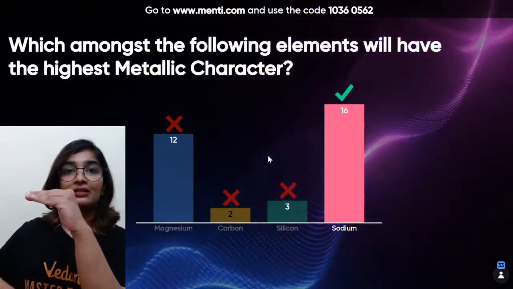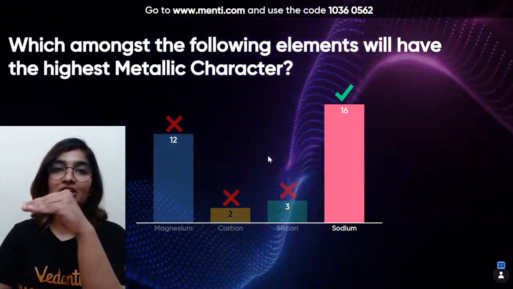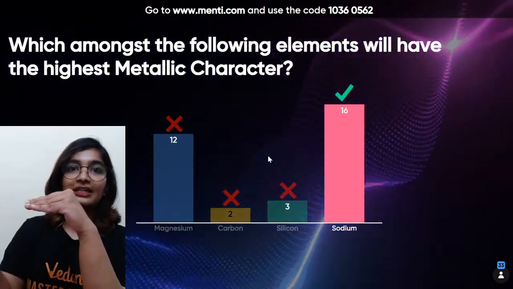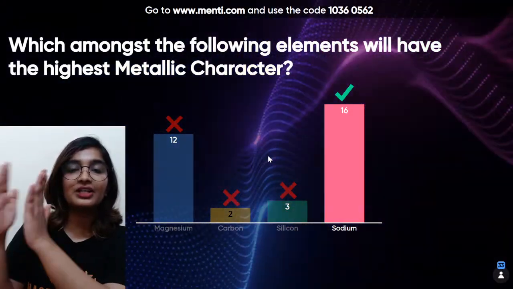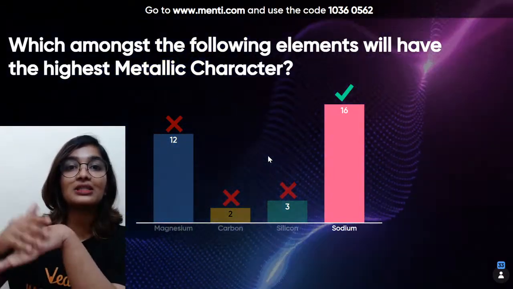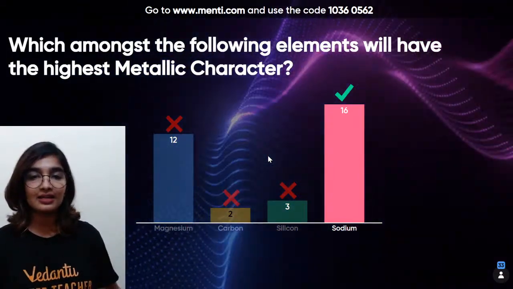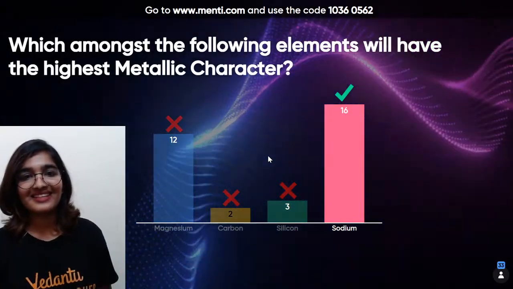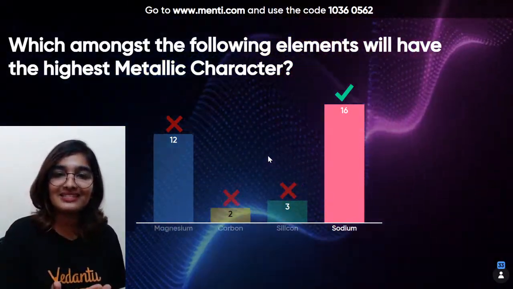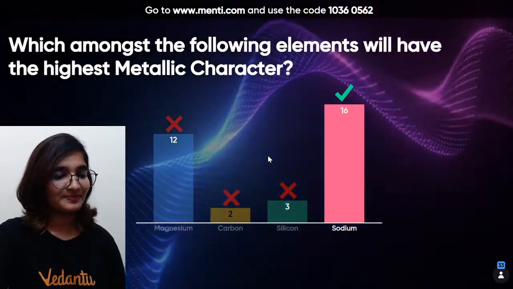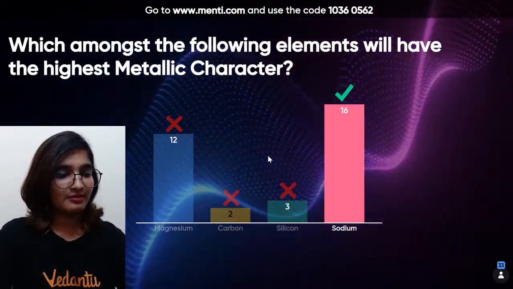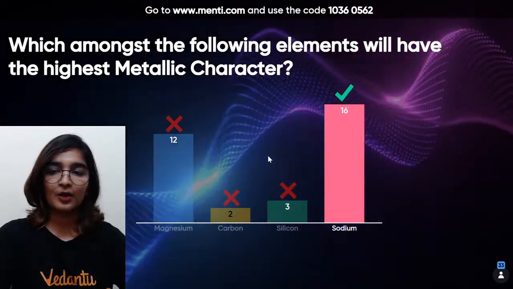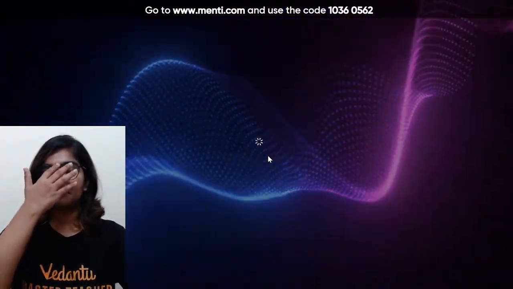See, where is sodium? Where is magnesium? Across the period. Sodium is in group 1, magnesium is in group 2. So across the period, what is happening to the metallic character? It is decreasing. Carbon and silicon, leave them, they are there. So metallic character will be highest in the case of sodium. Please do not get confused. Okay, next one.